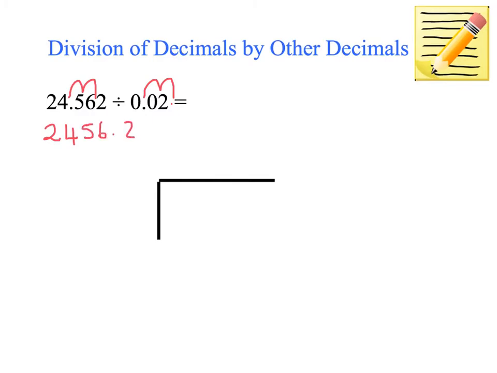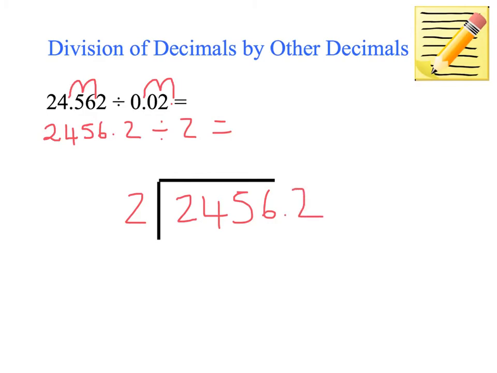So that means it will be 2456.2 divided by 2. Alright, so therefore I'm going to put this as the divisor, and 2456.2 is the dividend.